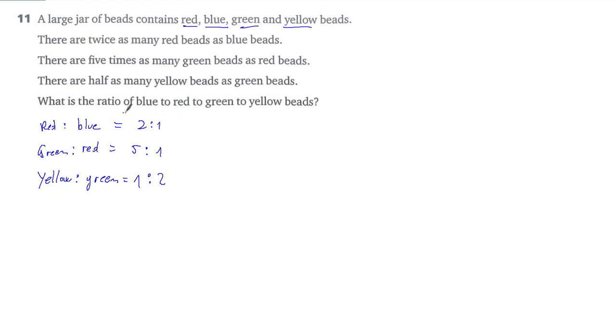What is the ratio of blue to red to green to yellow beads? So we need to have blue to red to green to yellow beads.